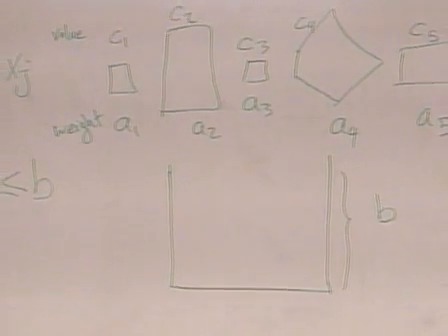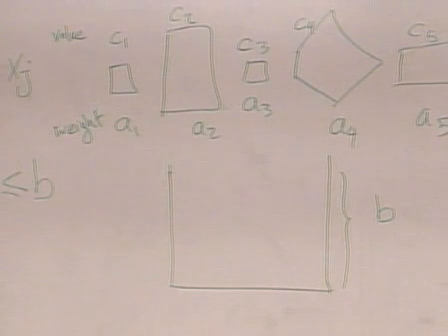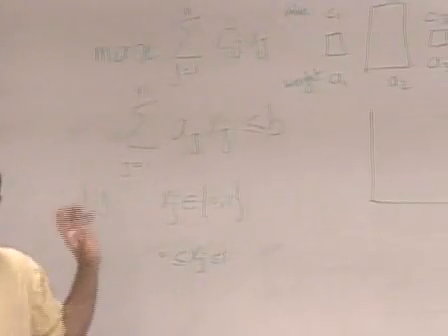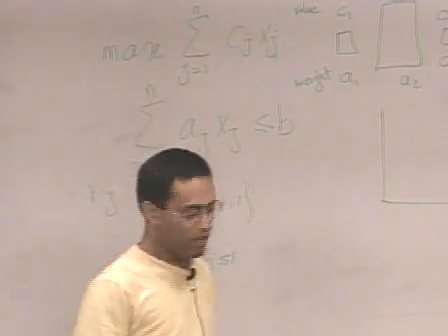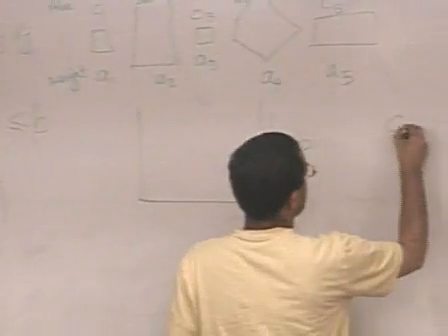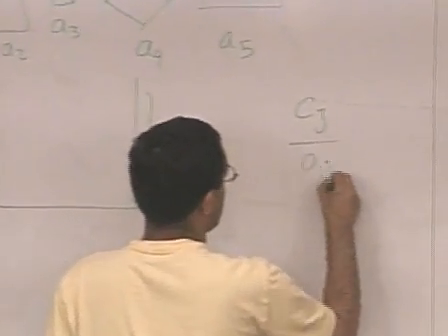And then we discussed how to solve it. We talked in class that if we don't have the 0, 1 constraint, there was a way to solve it. What was it? Yeah, if xj's are between 0 and 1, we can solve it using LP, but there was even an easier way. You just had to order them in some sense and then pick them. What was that order? Yeah, it was the order of Cj over Aj.